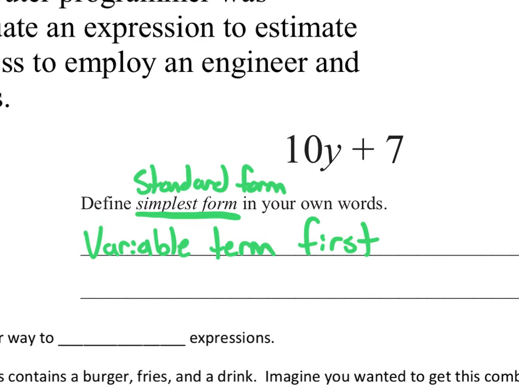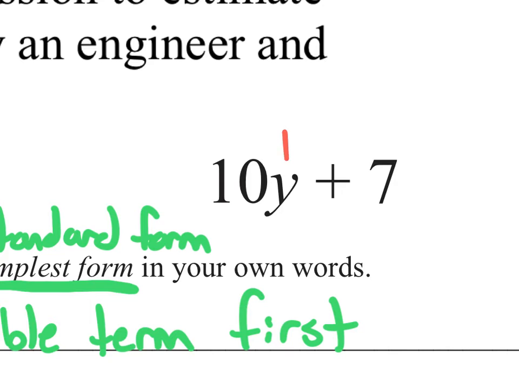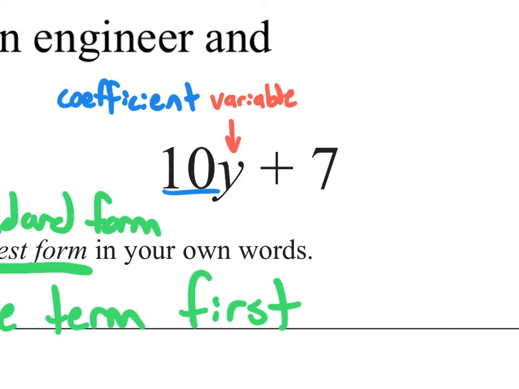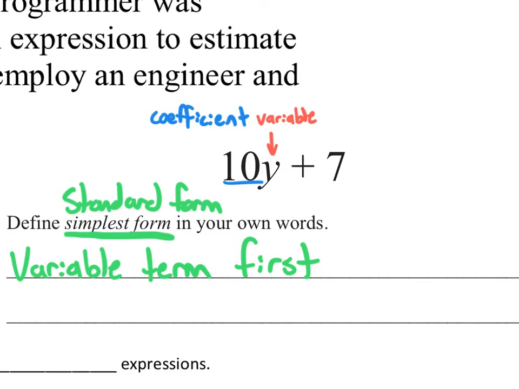It's the 10y. Now some vocabulary here for us. This is the variable. A number that's with a variable is called a coefficient. Coefficients tell us how many of a variable that we have. And then numbers on the end, so just plain old numbers, are called constants.